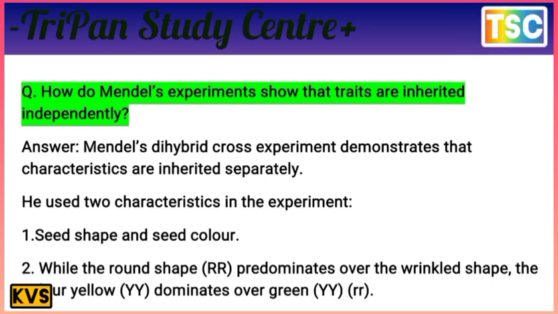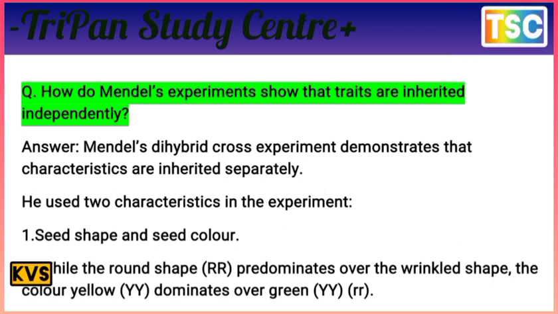He used two characters in the experiment: seed shape and seed color.